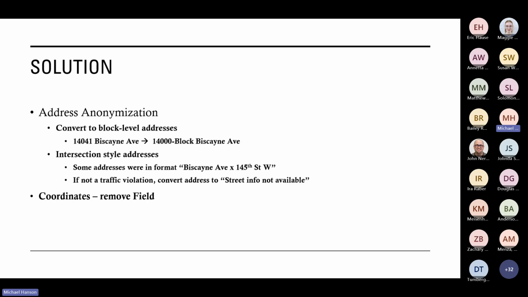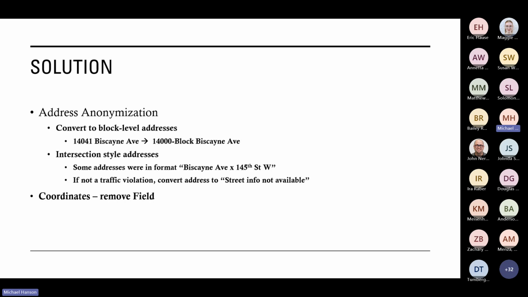And one challenge that we ran into with this is that some addresses aren't formatted in that just standard address notation. This is just a blank text field. So often what would be input is something that looks more like an intersection. You can see this example here. Issue with that, and the reason it can be personally identifiable, is that sometimes there's an intersection and there's a single house there.